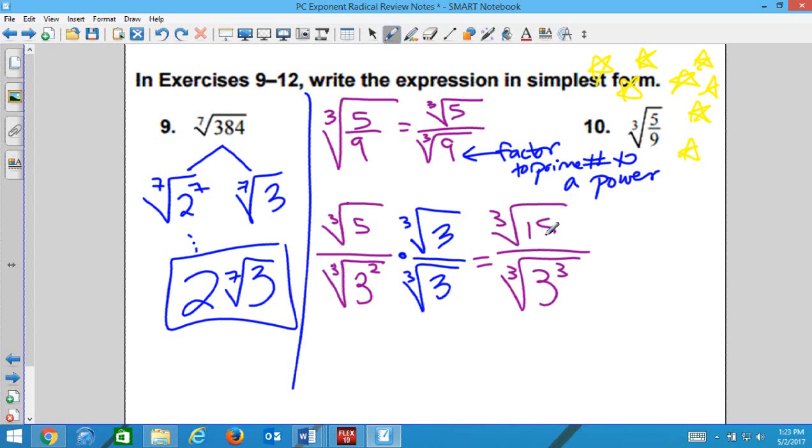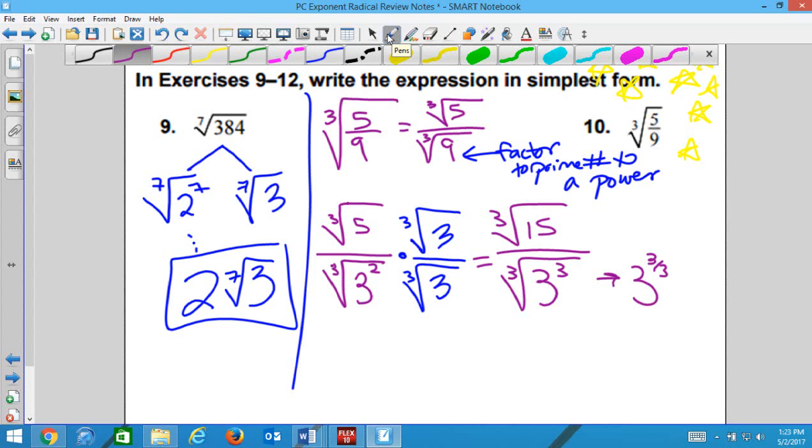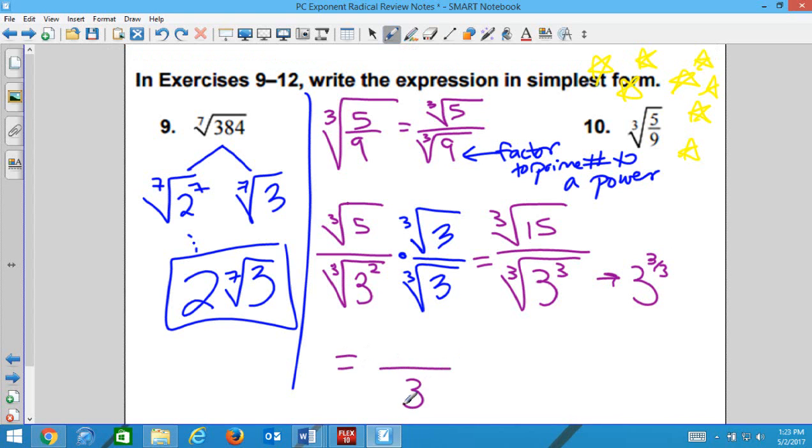And then there's cube root of 15 on top. I want it to be the same power and root. Because if I write this as an exponent, if I write 3 to the 3/3, what do I actually get? I just get 3. And so then I got rid of my radical in the denominator.